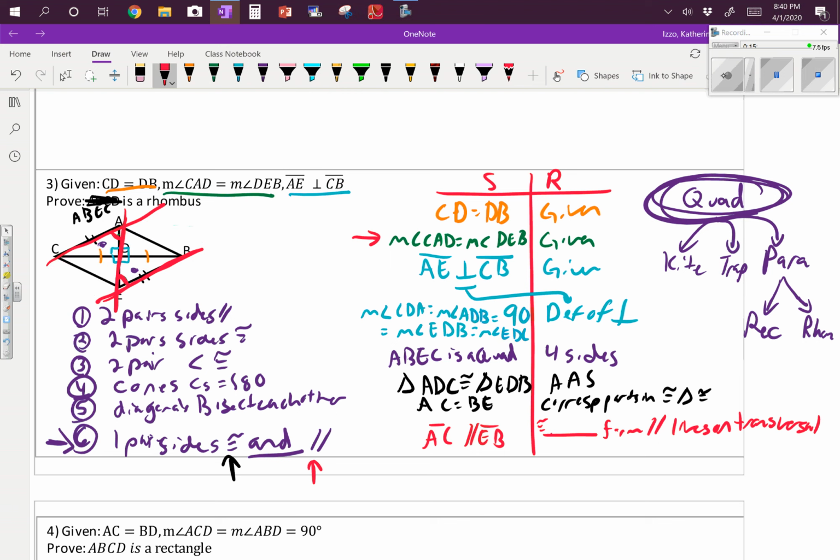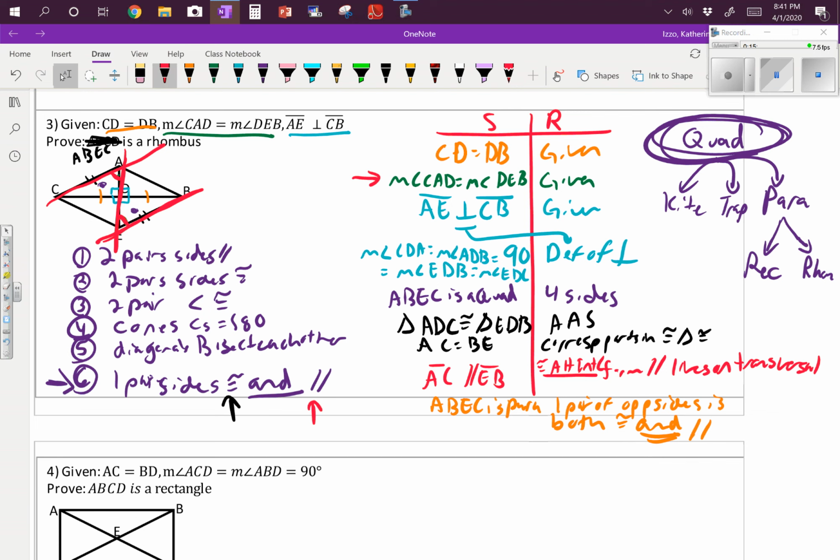So that would be alternate interior angles. Okay, at that point, I can say ABEC is a parallelogram because one pair of opposite sides is both congruent and parallel.